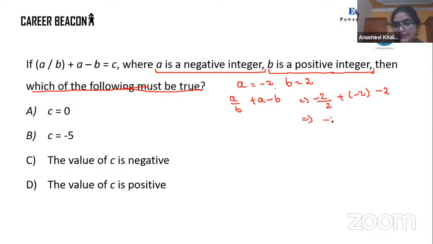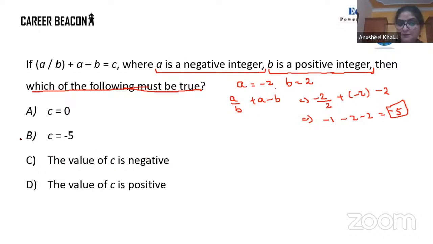So you end up with -1, -2, -2. This is -5. So the value we got for C, with the numbers that we assumed, is -5.